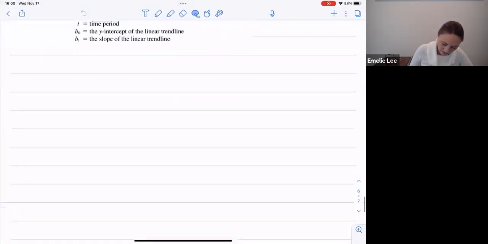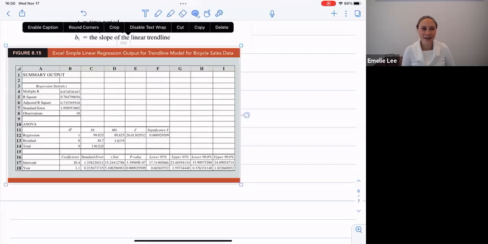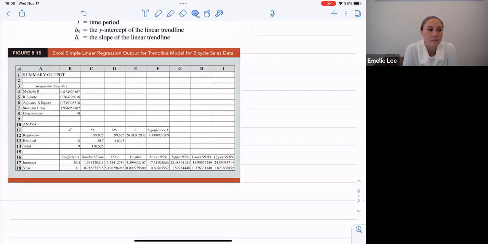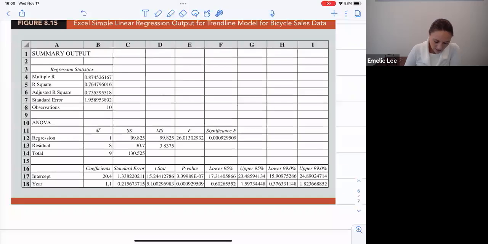Some output. So if you run a linear regression analysis, or if you fit a linear model, which I'll show you how to do on Friday, it's really not terrible. When we run a regression, we get this regression output, right?